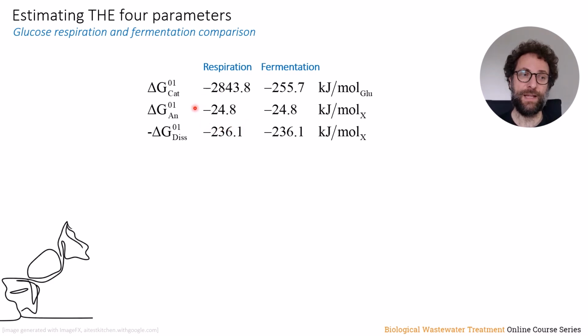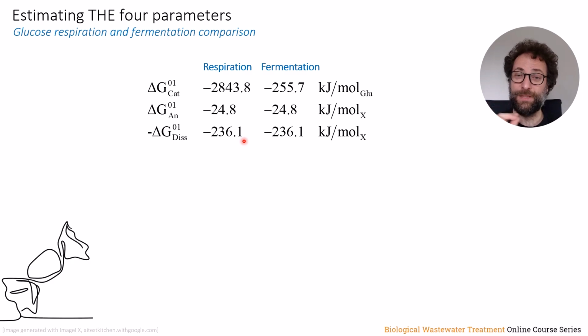So this is the delta Gibbs free energy change involved in the anabolism, so slightly negative. They also rely on the same electron donor and organic carbon source for the Gibbs free energy dissipation method. So the overall energy consumed in the whole metabolism is the same.